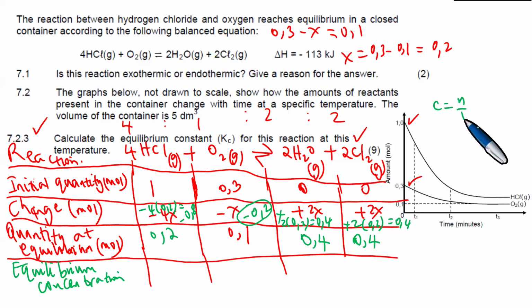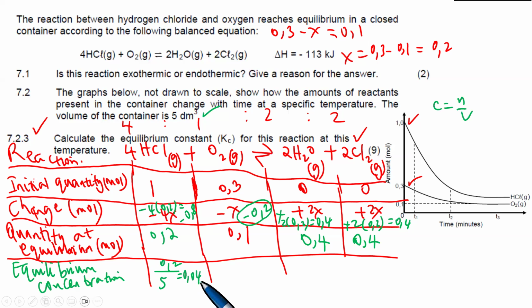Concentration is number of moles over volume. That's what we use. We already know the volume is 5 cubic units, which means cubic decimeters. So we take the number of moles and divide by 5 and we get the answer.